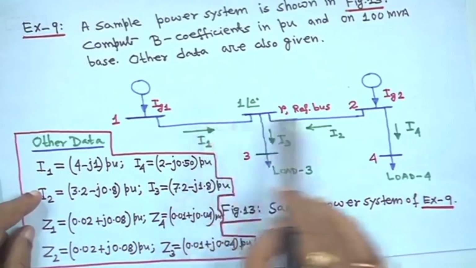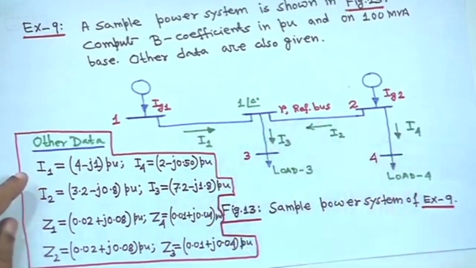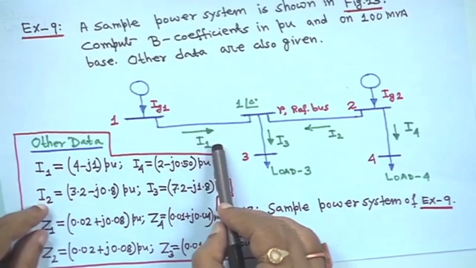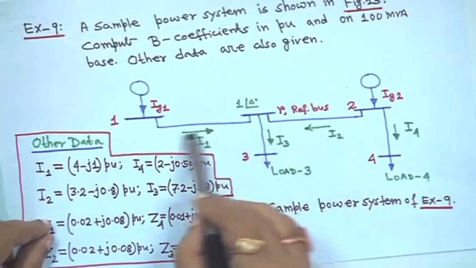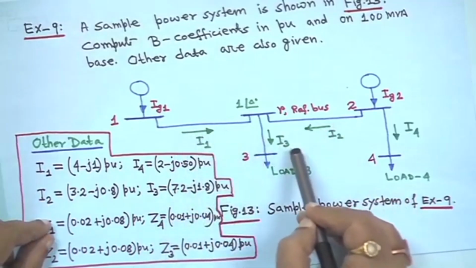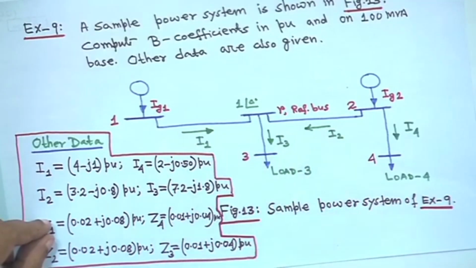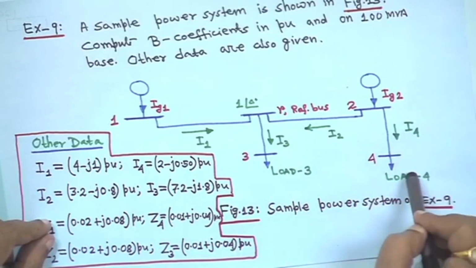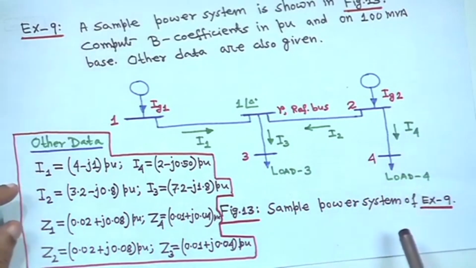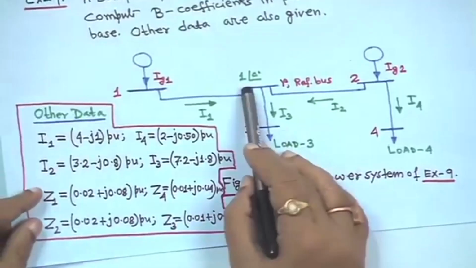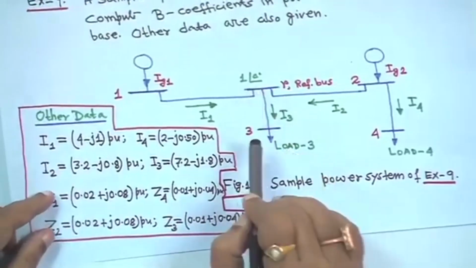There are 4 branches, and the current directions are shown: I1 going like this, I2 going like this, I3, and I4 going to this load. This is the reference bus voltage, 1 angle 0.